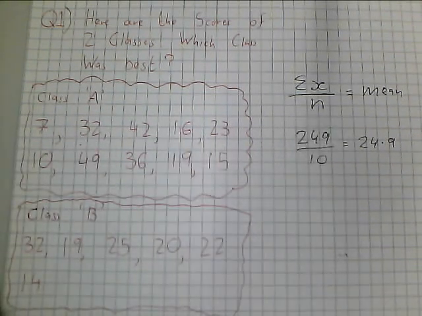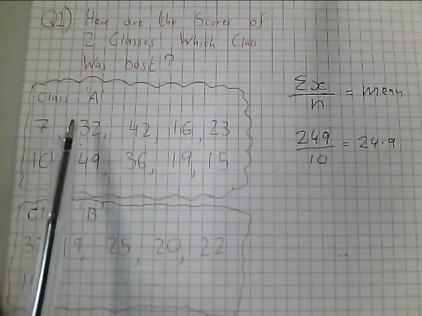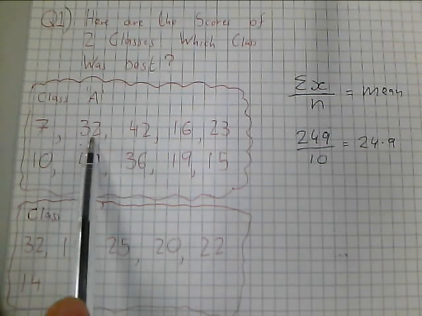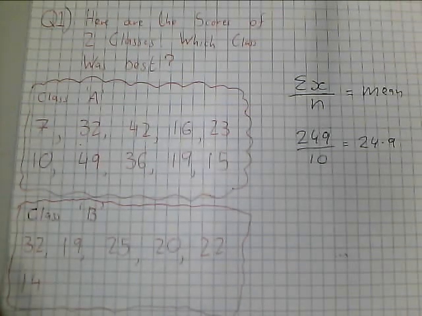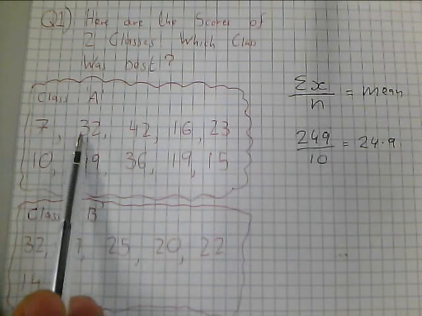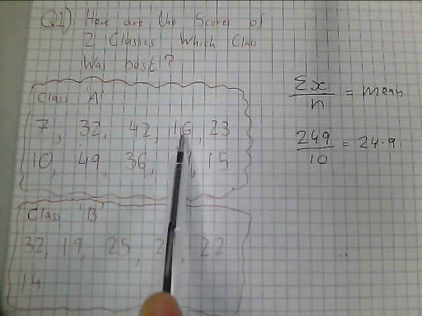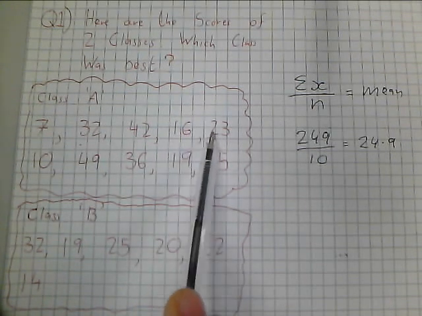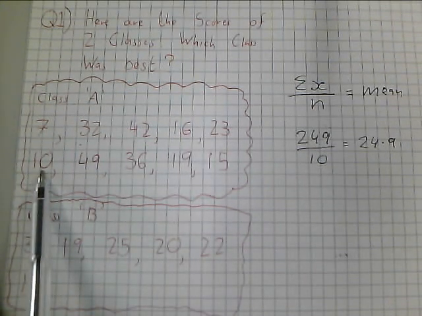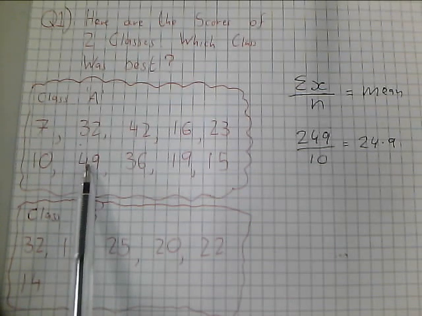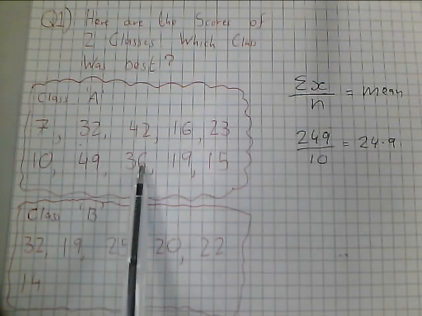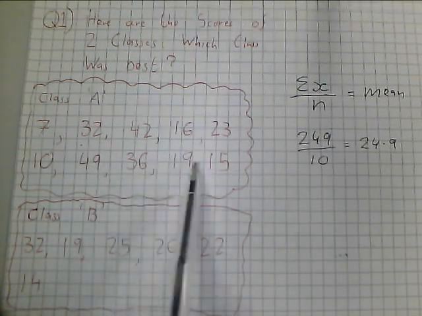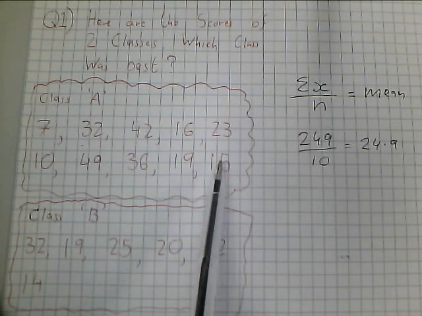With these questions it may well be worth doing a second check to make sure you've added it up correctly, or you can also do an estimate. For example, just call this roughly 10, roughly 30, roughly 40, roughly 20, and so on. So we've got 10, 40, 80, 100, 120, 130, 180, sorry, 210, 230, 250.